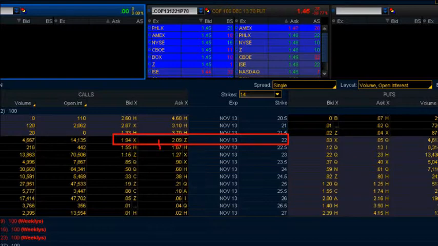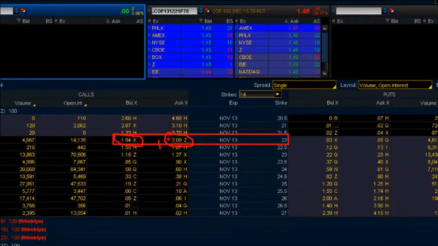But if I'm buying this option for $2.09, and a minute later I decide I don't really want to be in this trade, and I immediately turn around and sell it, I'm selling it for $1.94. I'm losing 15 cents. In this case, I'm talking about 7% of my option value.